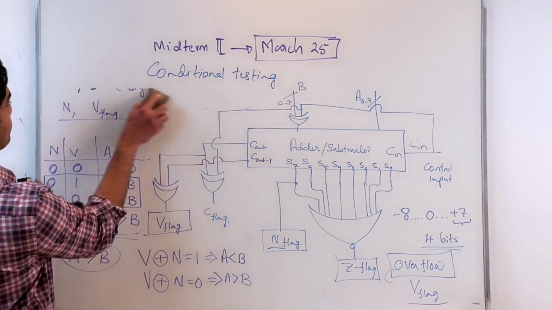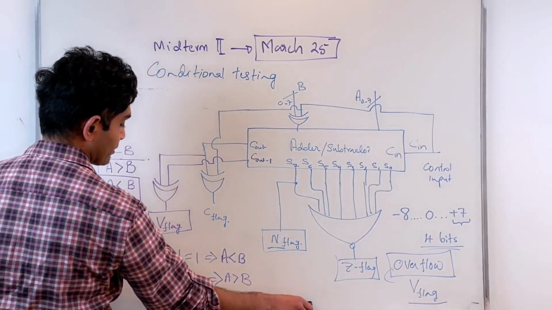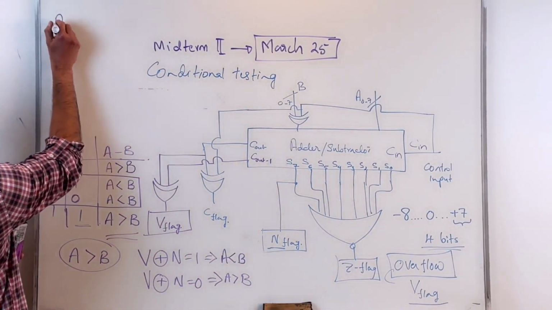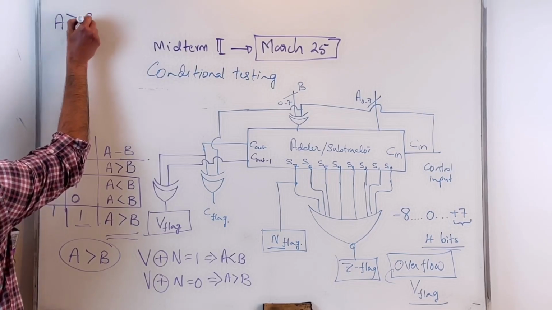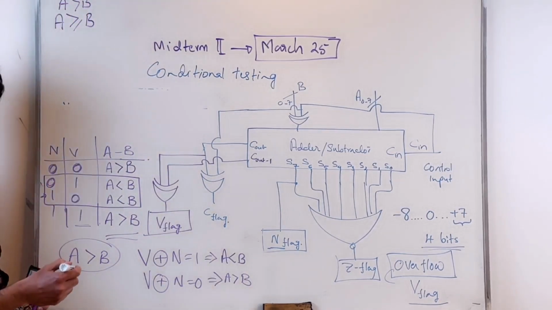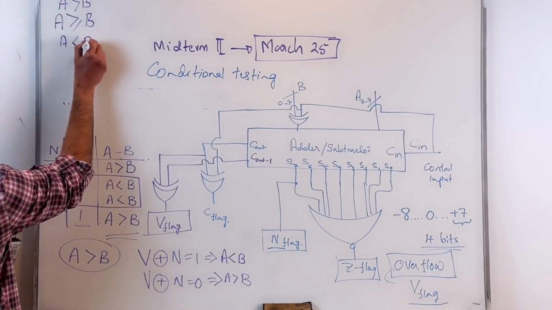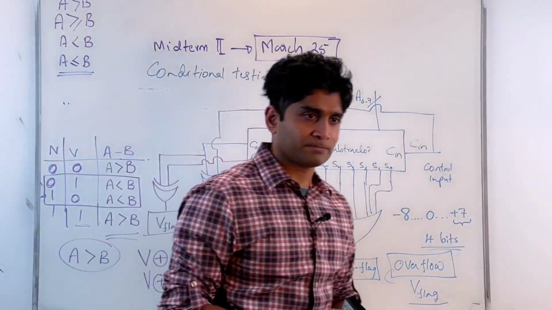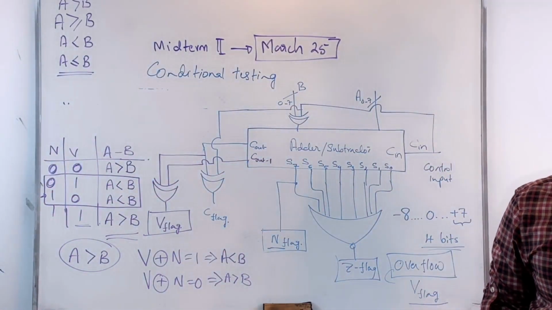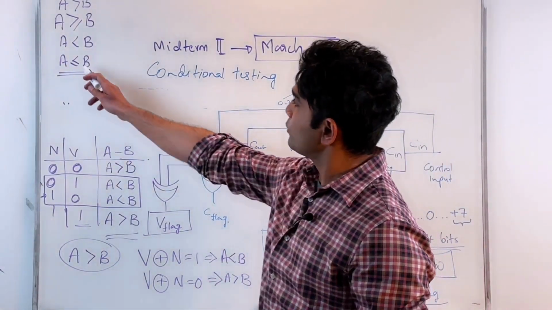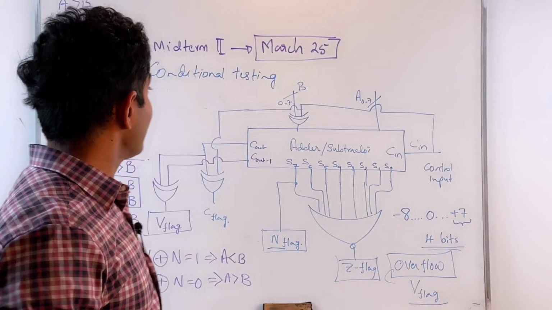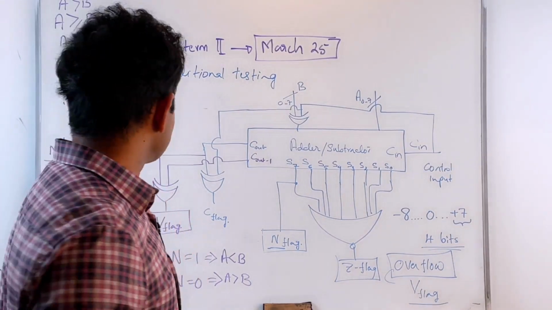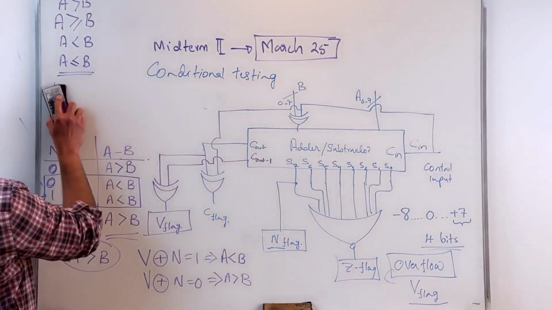So now we have to do not just A less than B or A larger than B, but I want to be more specific in terms of what are the conditions to check for A larger than or equal to B, A larger than B, A less than B, A less than or equal to B. So I have to look for all these conditions. And again, if I want to check for the equal condition, then of course I need to also look at the Z flag. So it's a combination of N, V, and Z flag I should be looking at to make those decisions. And let's see what decisions we should be making.